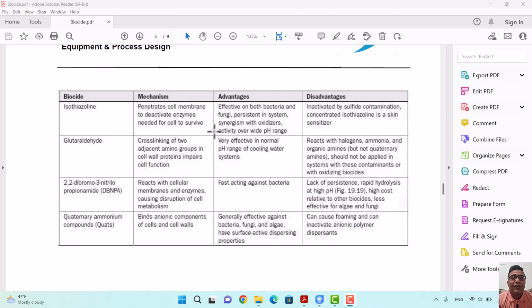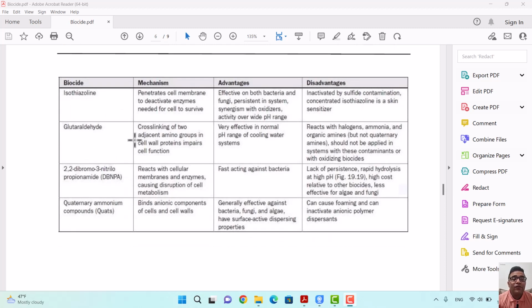And of course, it is active over a wide pH range, and it is extremely persistent in the system. I have experienced this persistency firsthand. After one day, there is still some. After 2 days, there are still some residuals of isothiazolines in the cooling water systems.